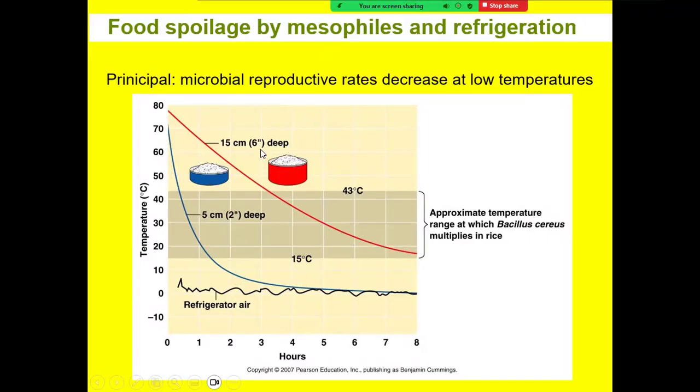On the other hand, if you divide this rice into a smaller portion and then put several of these bowls in, like 3 bowls, the food is in a smaller portion, and so when you put it in the refrigerator, it'll go from 40 degrees to 10 degrees or less in a shorter amount of time.